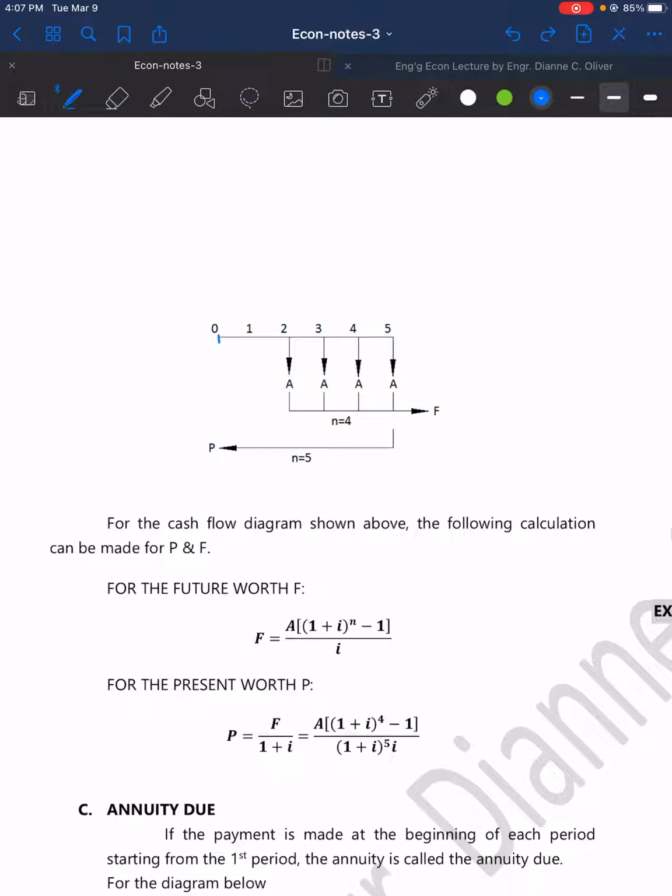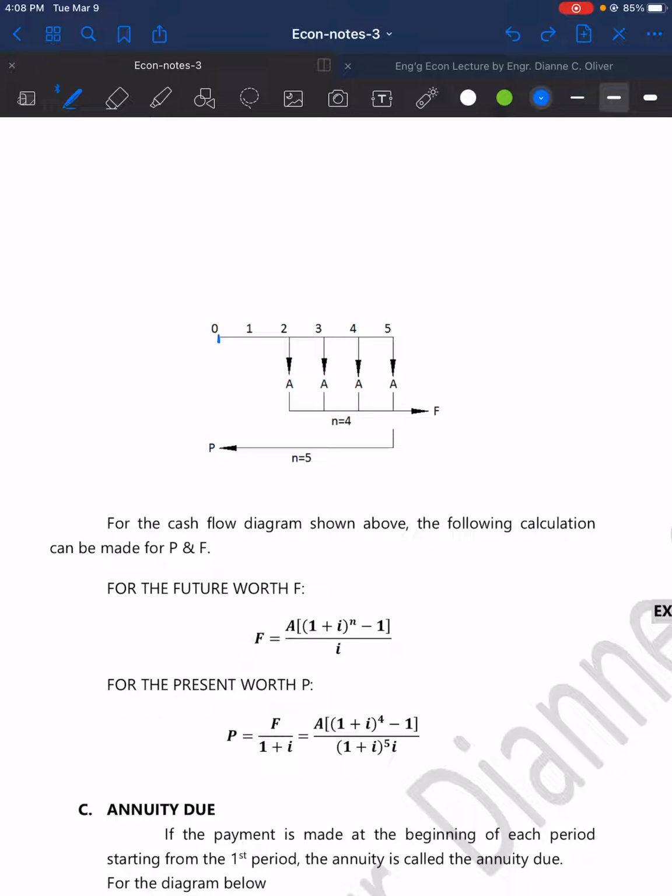So having this as the year 0 as the origin, notice that in this cash flow diagram, there is no payment made for the first year. Rather, the payment was made at the second year.